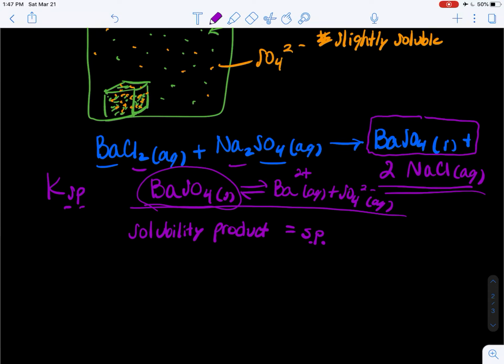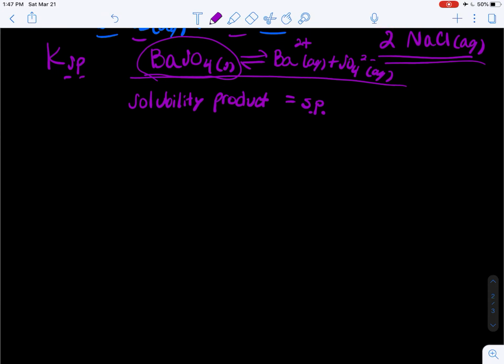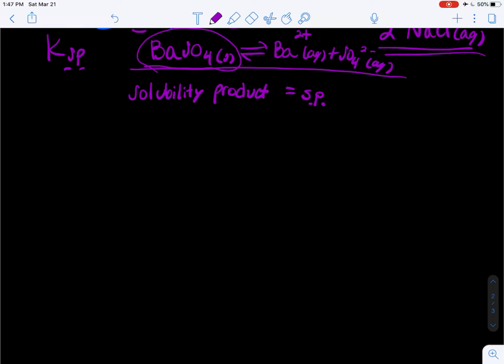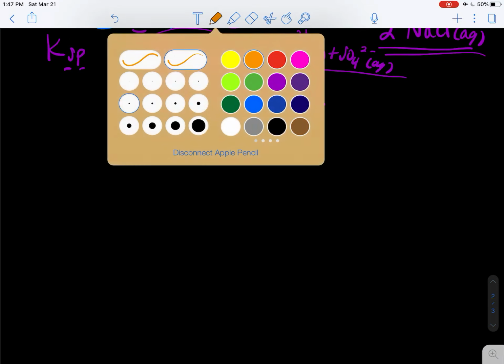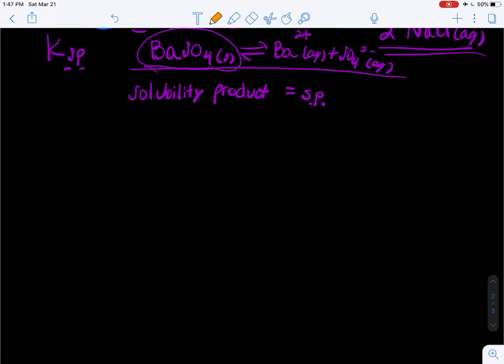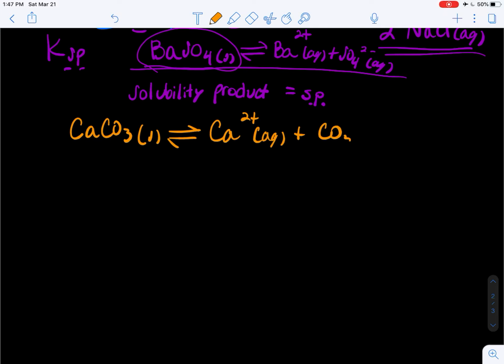In our lecture guide, we have a few other examples. Let's switch to a different color here. So we've got calcium carbonate, which is a solid, and that's in equilibrium with calcium ions and carbonate.